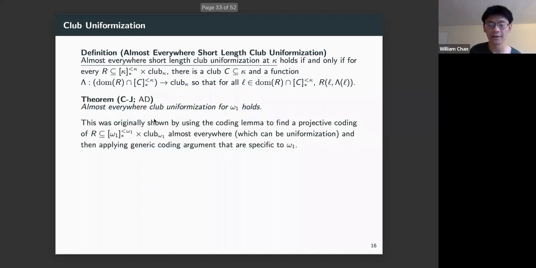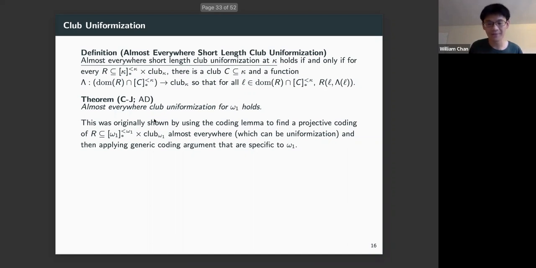With Jackson, we showed that almost everywhere club uniformization at omega 1 holds. As usual, the first proof of everything at omega 1 is always a little bit misleading, or it doesn't really generalize. What we do here is use the Moschovakis coding lemma to find a projective relation on R which codes the original relation R, at least almost everywhere.